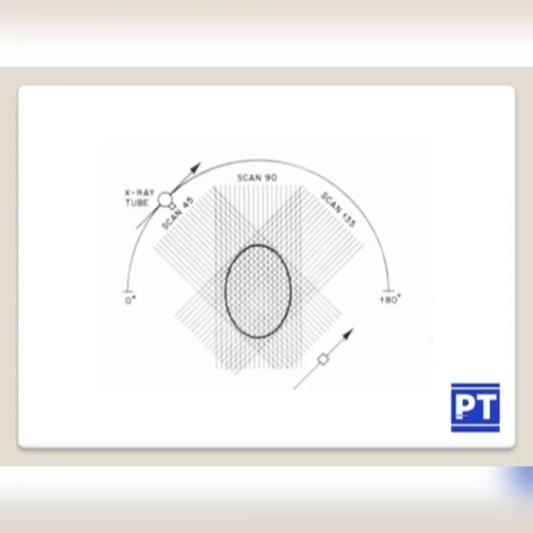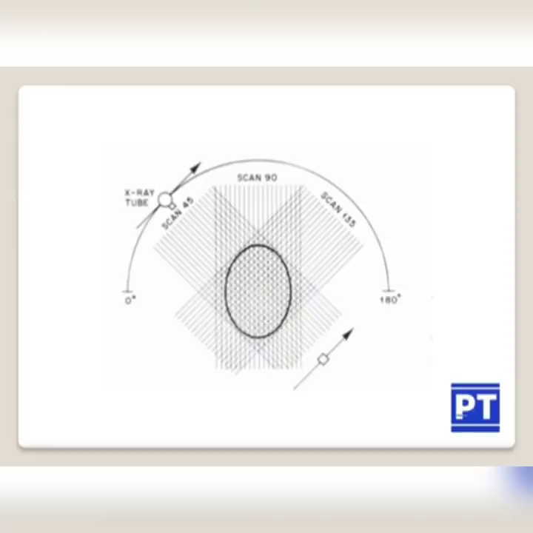The X-ray beam will be on throughout the linear movement. When it is moving linearly, the X-ray beam will be on, and when it is rotating, the X-ray beam will be off during the rotatory movement.